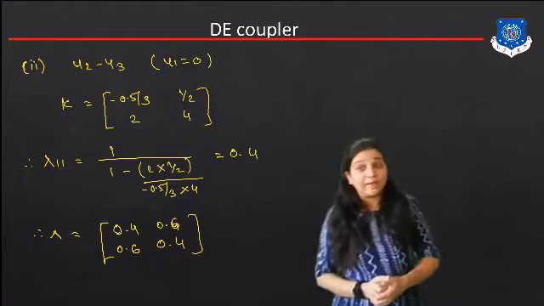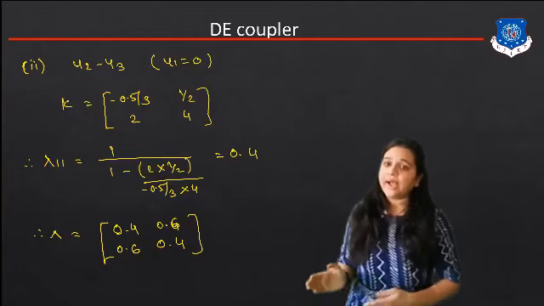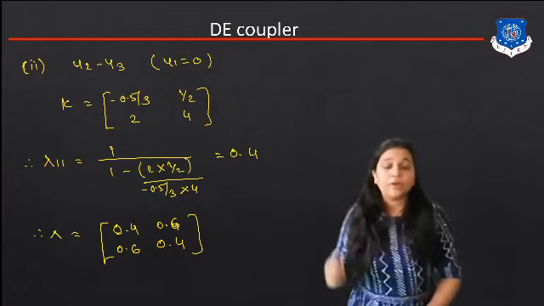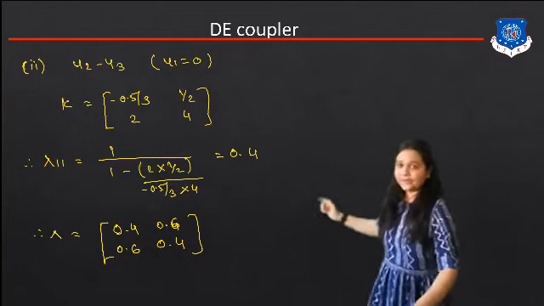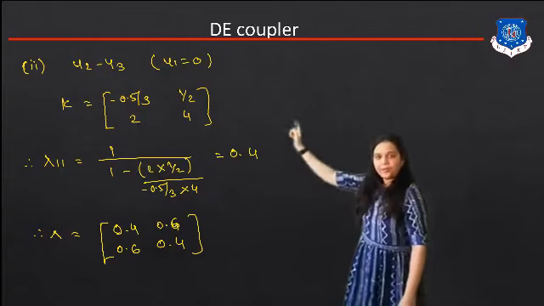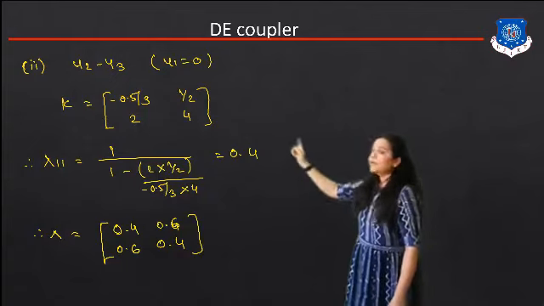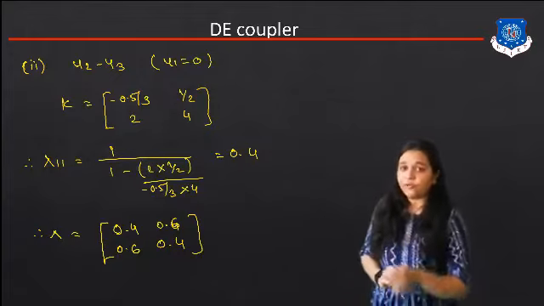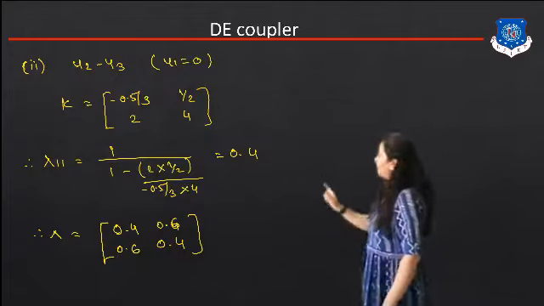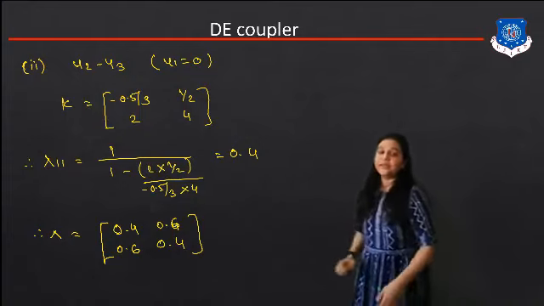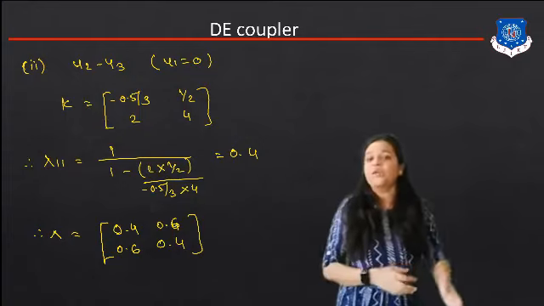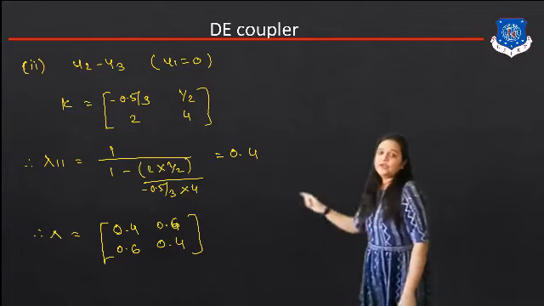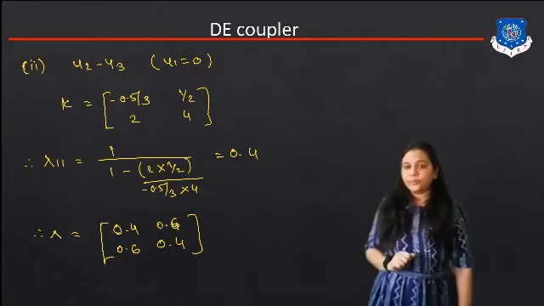Then again we find lambda 1, which is 1 upon 1 minus (2 into 1 by 2) divided by (minus 0.5 by 3 into 4), which is equal to 0.4. Whatever answer we get, we write here 0.4, and then 1 minus 0.4 gives 0.6, so that is 0.6 and 0.6.